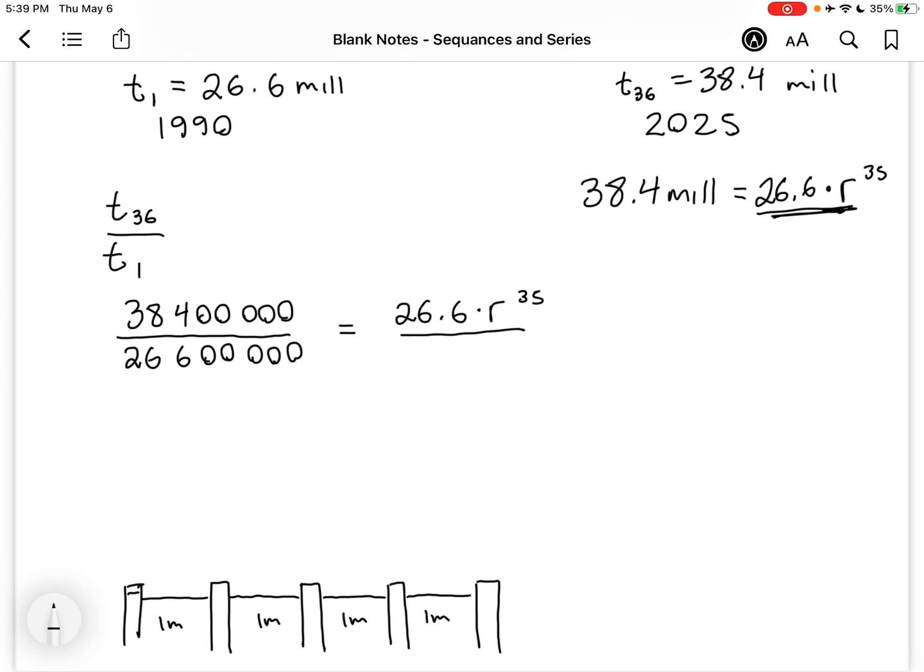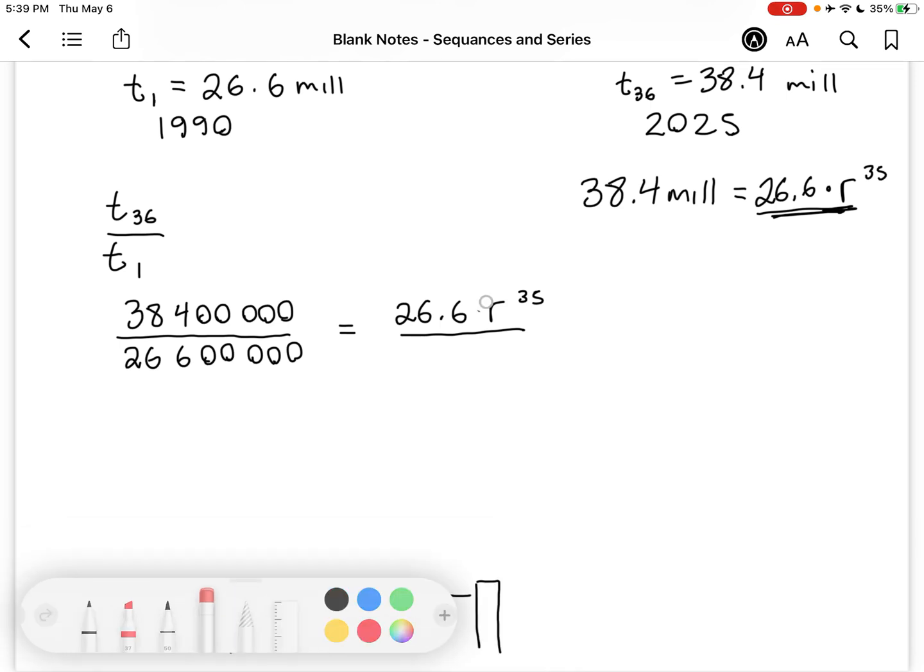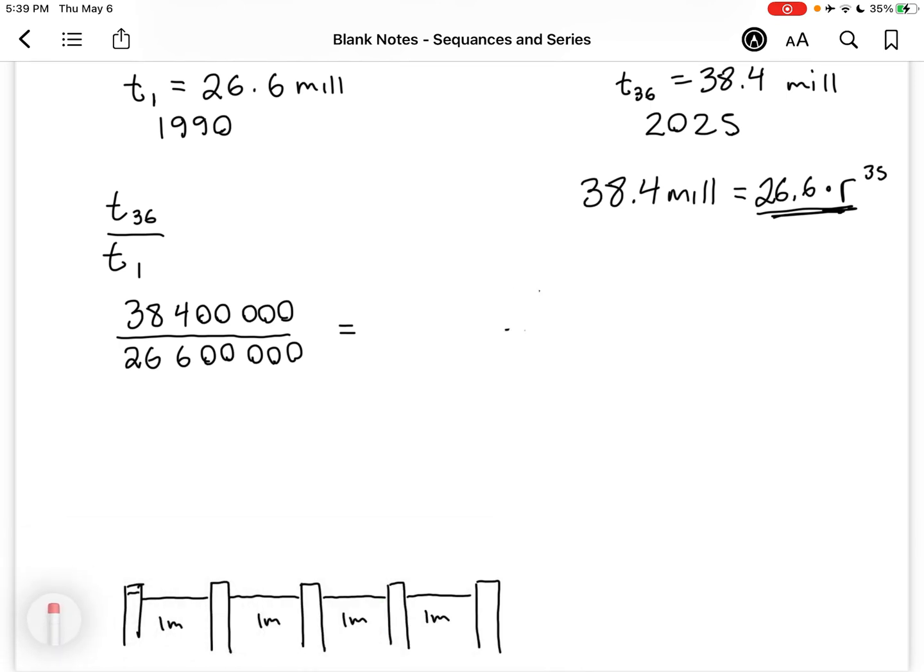over, or actually, sorry, it wouldn't be 26.6. I'm writing everything in millions now, so I've got to be consistent. 26,600,000 times r to the 35, because that's what we said the 38.4 million was equal to, over 26,600,000, because that's what T1 is.